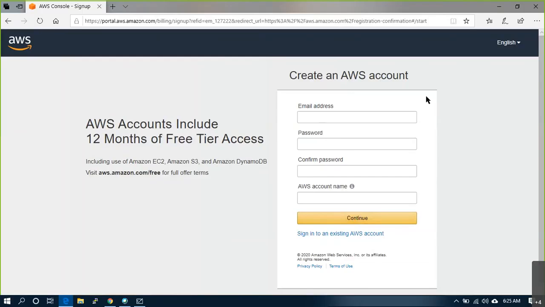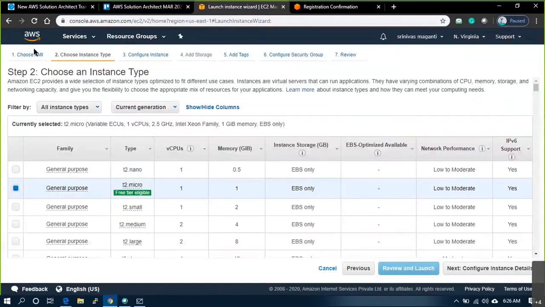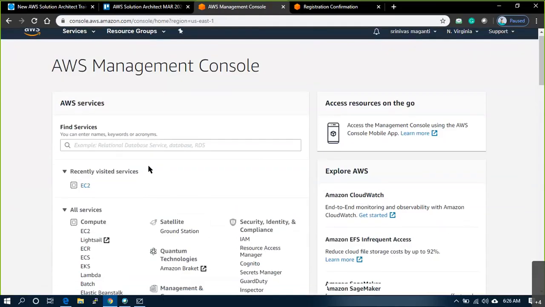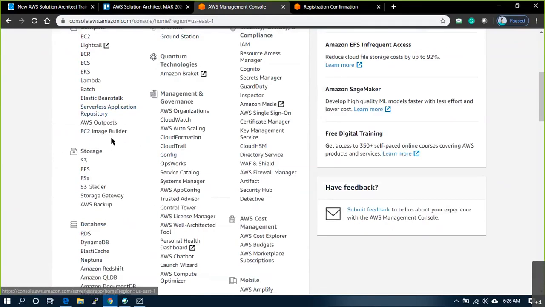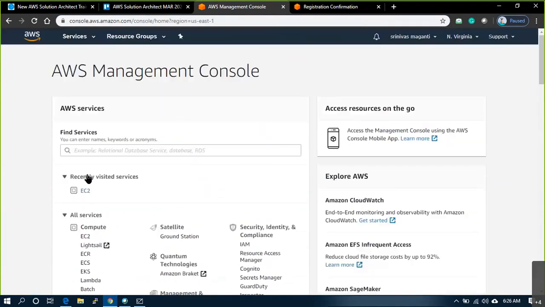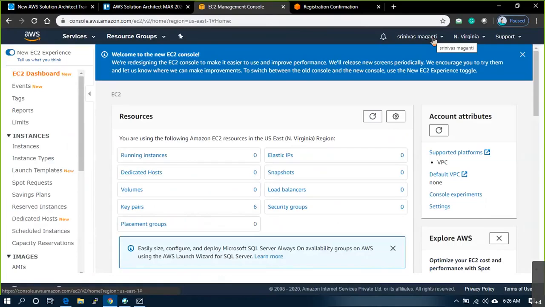Once you're logged in, you get the same screen. But whenever you try to click on any component or deploy any of these components inside AWS, it will automatically take you to the billing page, because unless you set up the billing, you will not be able to use the portal.